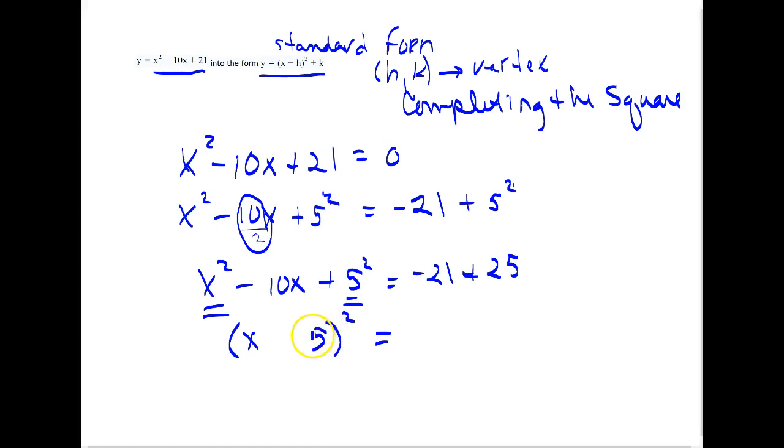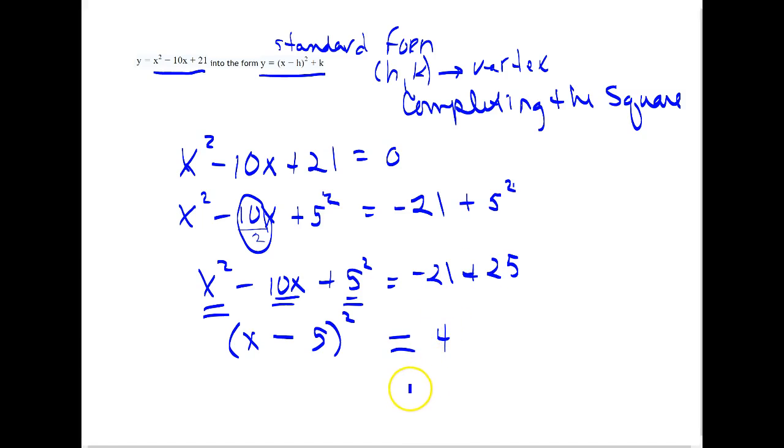And then if we do 5 times x, that's 5x, and we double it, we get 10. And since it's a negative 10, it would be (x minus 5) squared. And let me leave a little bit more space here, equals, and then negative 21 plus 25 is a positive 4.